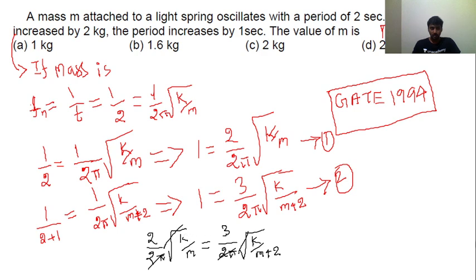So from this equation, here m into 3m is equal to 3 into m is equal to 2 into m plus 2.